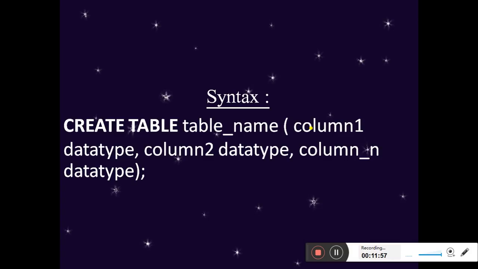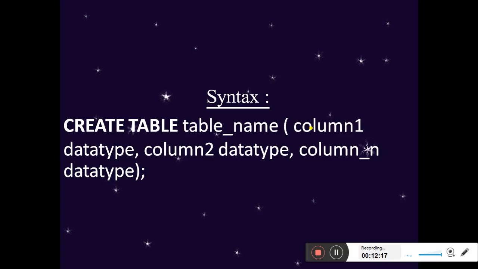In percentage you are going to use floating point numbers, correct? In the name column you are going to enter a text field. So like this you are supposed to insert the type of data into different columns.